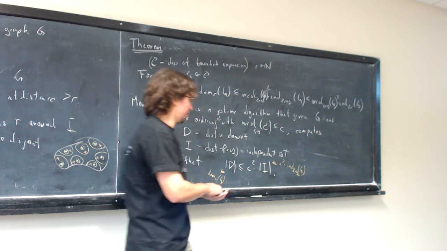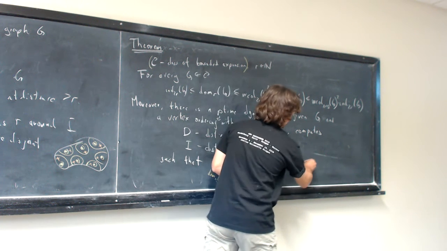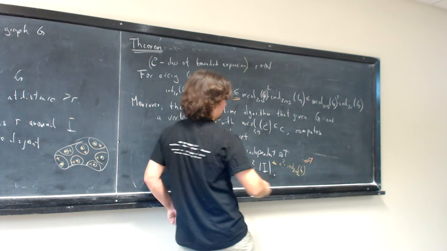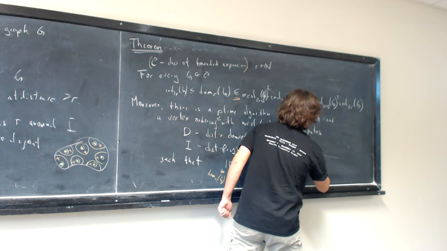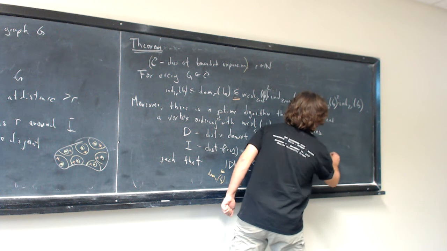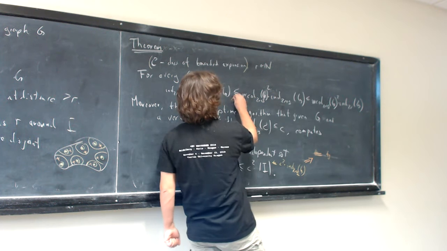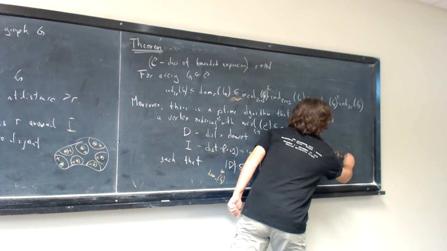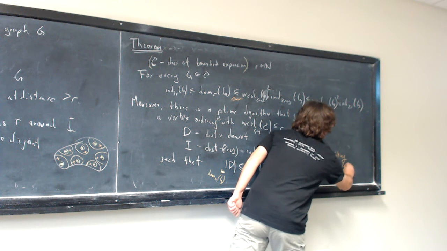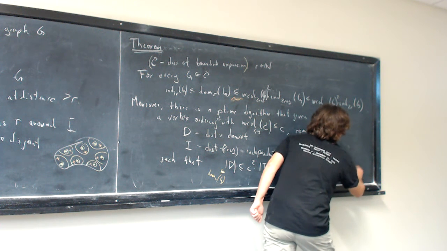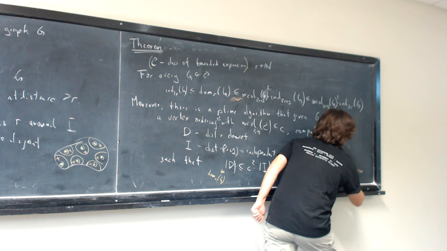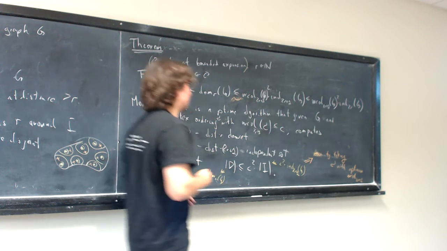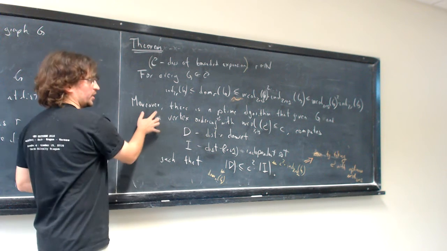So then this implies this inequality by taking sigma with optimum weak coloring number at distance 2R plus 1. Good. So we are going to give this algorithm.